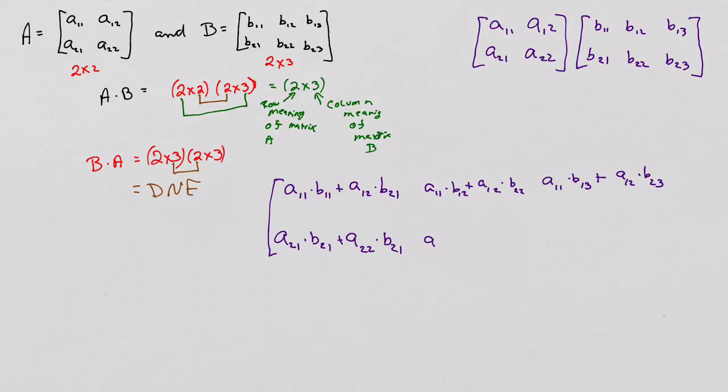Then we're doing A sub 2,1 times B sub 1,2 plus A sub 2,2 times B sub 2,2. Last column, second row, third column, finish up my last term here. It's going to be A sub 2,1 times B sub 1,3 plus A sub 2,2 times B sub 2,3.